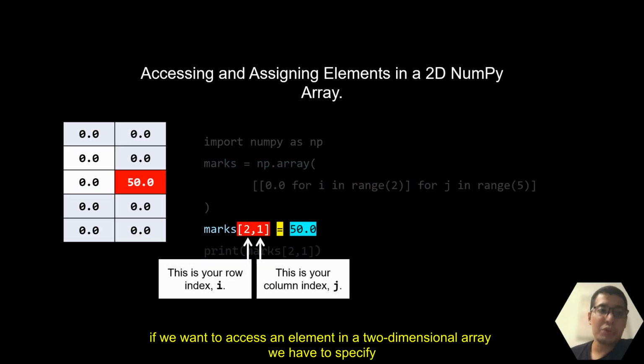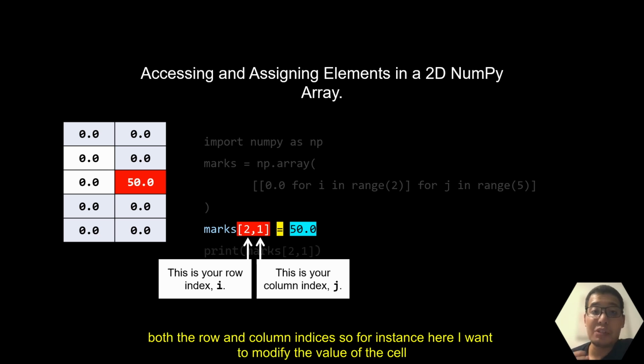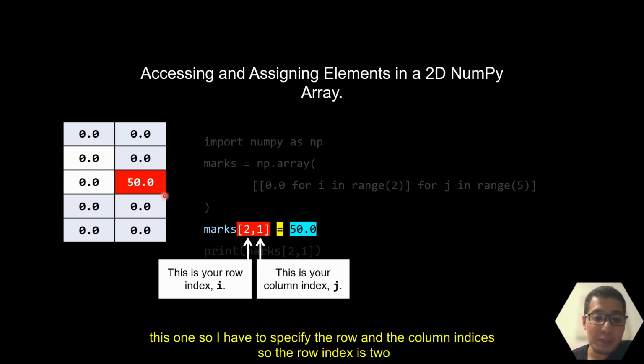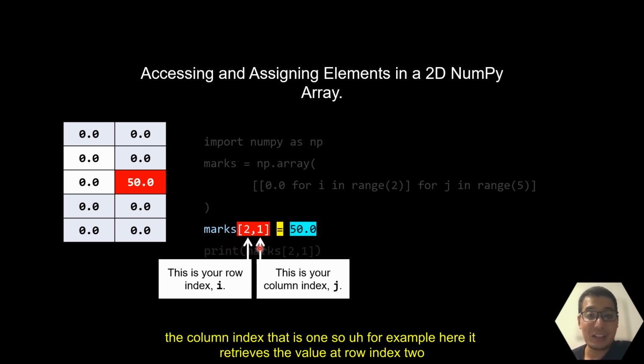Now, if we want to access an element in a two-dimensional array, we have to specify both the row and column indices. For instance, here I want to modify the value of this cell, so I have to specify the row and the column indices. The row index is 2, the column index is 1.